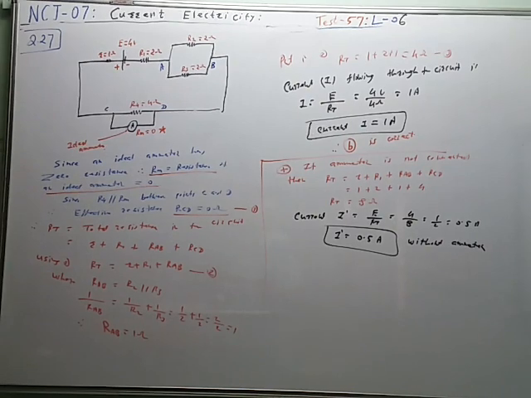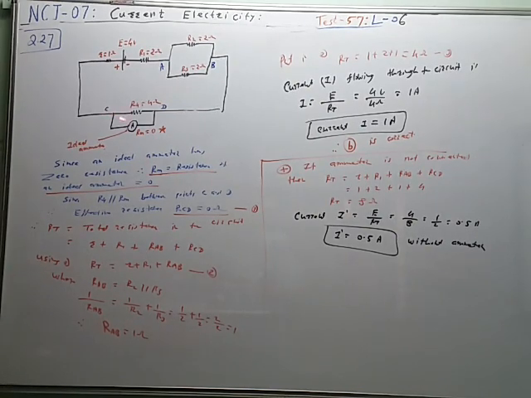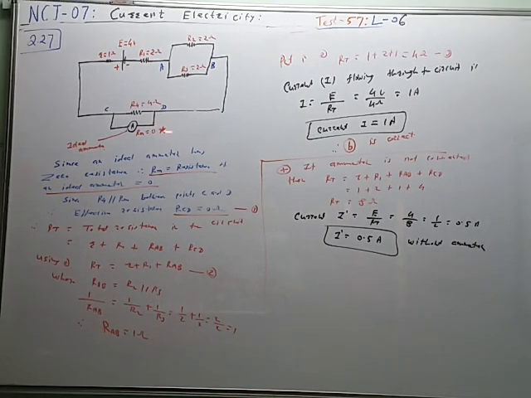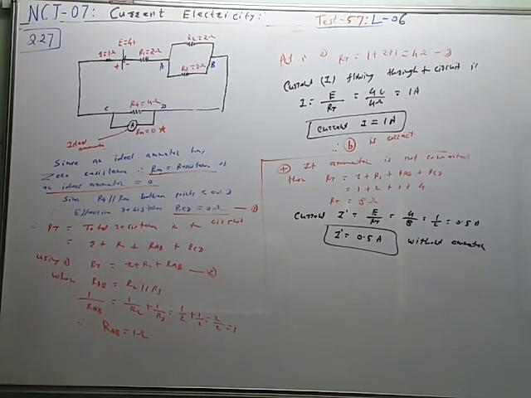So remember this property of the ideal ammeter. An ideal ammeter has zero resistance, so this resistance is 0. Therefore, current supplied will flow through the ammeter. No current will flow through the other branch because this is zero resistance, and then it will flow like this. So direction of current will be like this.